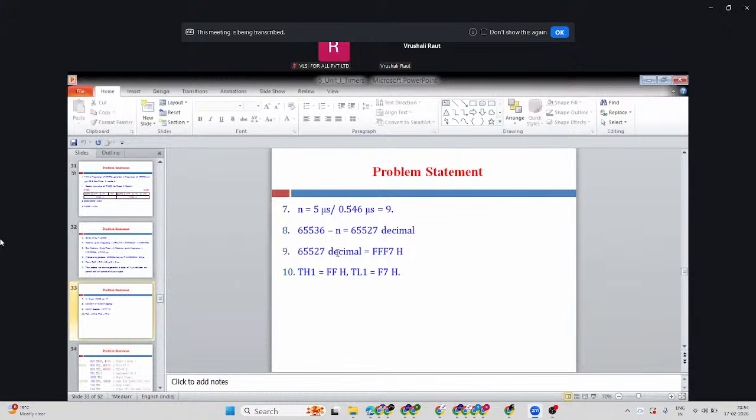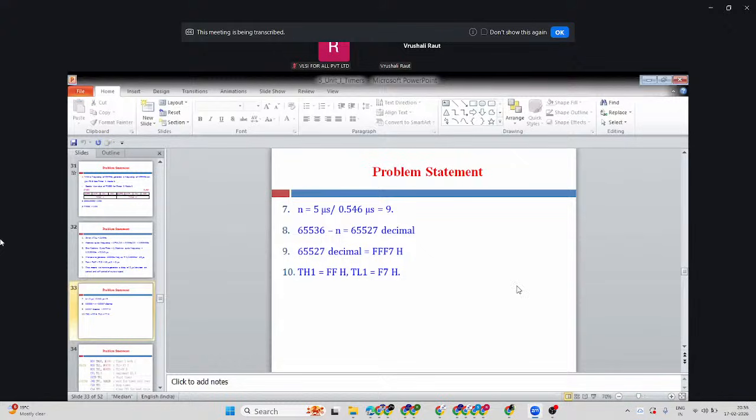In decimal, convert it to hex, it becomes FFF7. This we have to feed to the timer. We have to start the timer, and the timer will go on counting and reach FFFF. When it reaches FFFF, it will give us the delay of 5 microsecond, which is required on the particular pin.